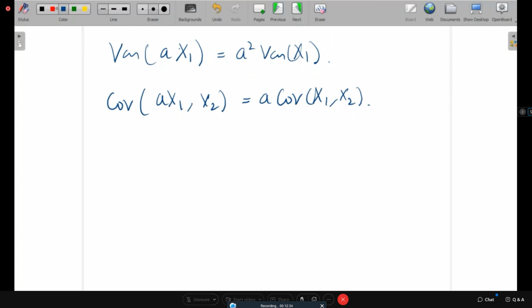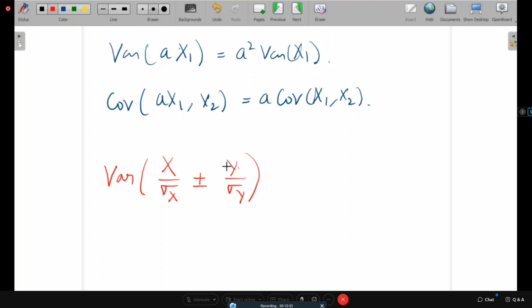Now look at this. Variance of x divided by sigma x plus or minus y divided by sigma y. I have these two random variables x and y, and I'm dividing each by its sigma. So it generates other random variables: x by sigma x, and similarly y by sigma y.